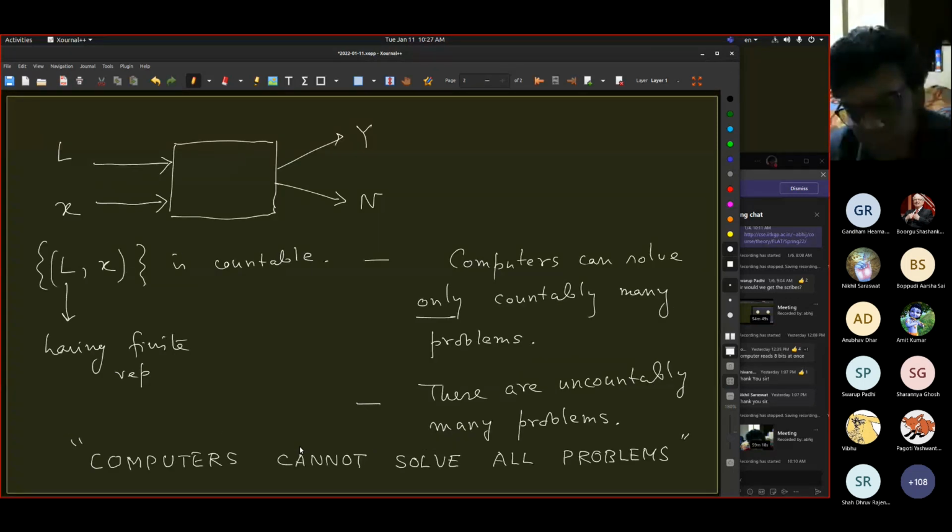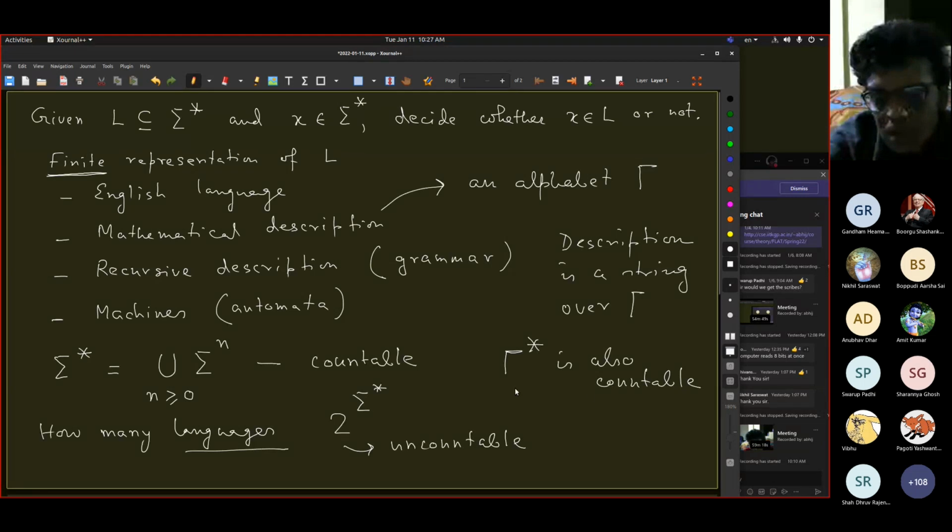Sir, then those problems that computers cannot solve, they do not have a finite description, right? No. First of all, I didn't say that. Even if I have a finite representation, I did not prove that for whatever language I have a finite description, it can be solved by computers.